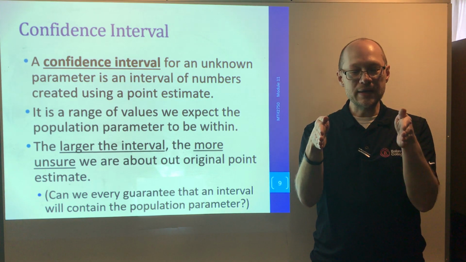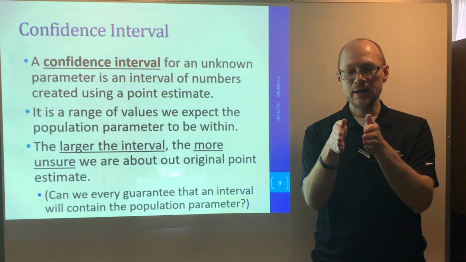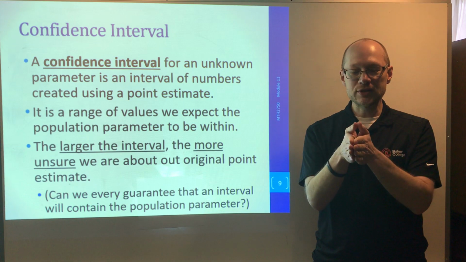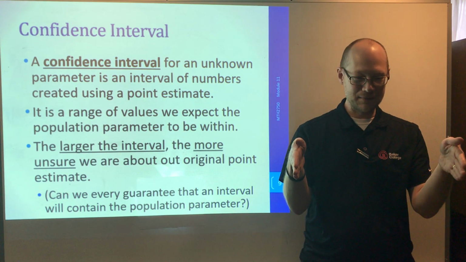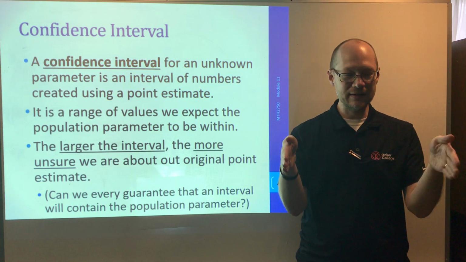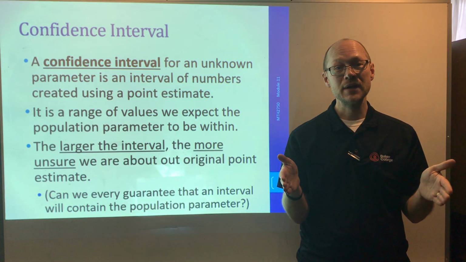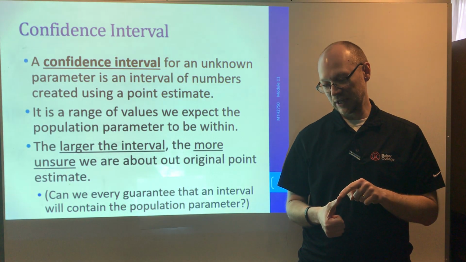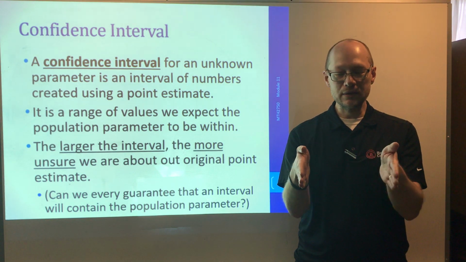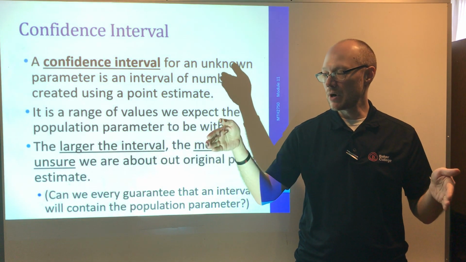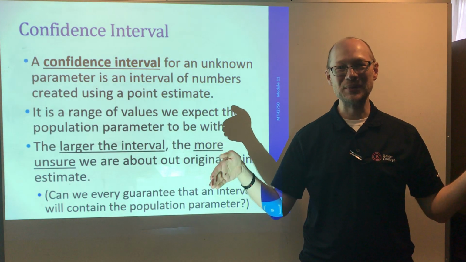Interestingly, the larger the interval, the more unsure we are. Imagine this: can I guarantee that the interval is going to contain the real thing? Well, actually, I can. The poll says 63% of my survey. I'm going to make an interval that says somewhere between 0 and 100% is the real thing.